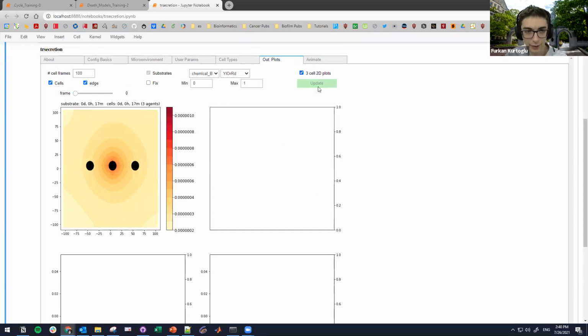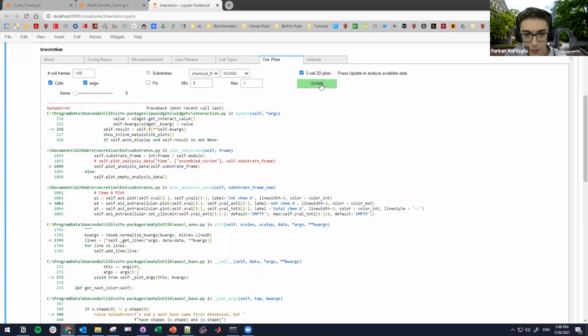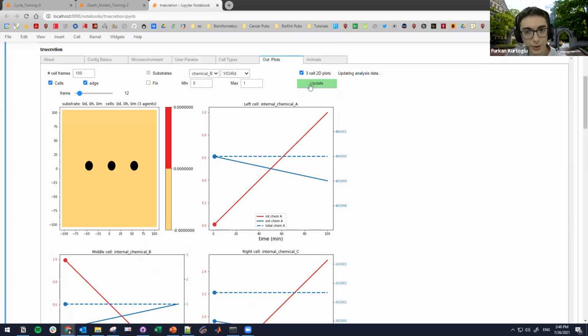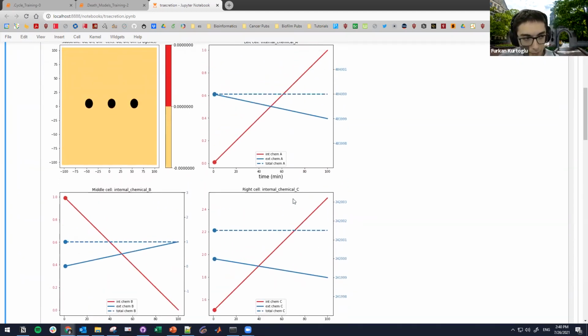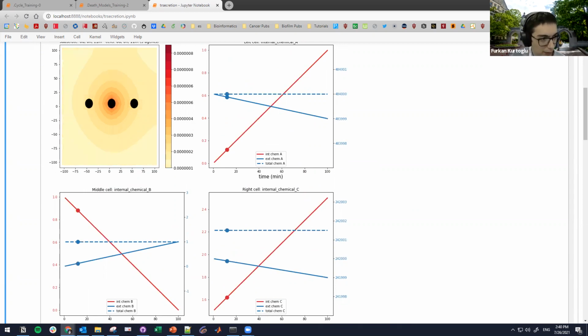Because this is a special version of the code, you need to update these calculations. Yes, that's correct.